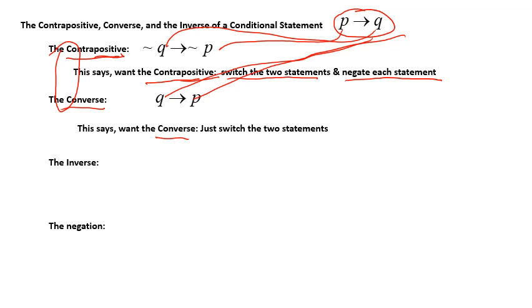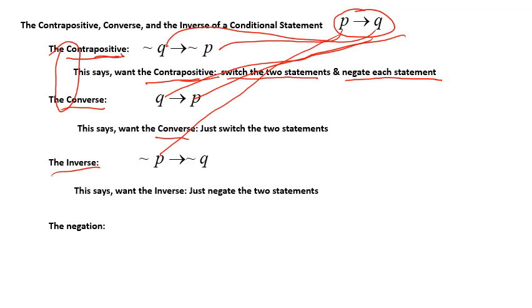You want the inverse? The definition of the inverse is you negate P, then you negate Q. So you're leaving everything in place. You're going to leave the P in front and the Q behind it, but you're negating each statement. So you don't switch them around, you just simply negate them in place.